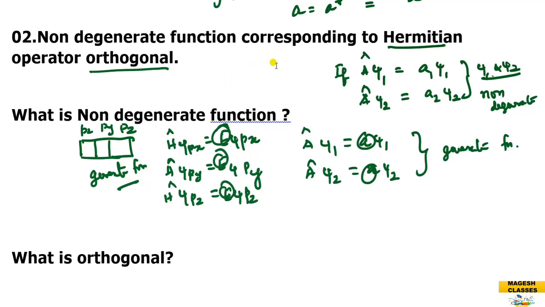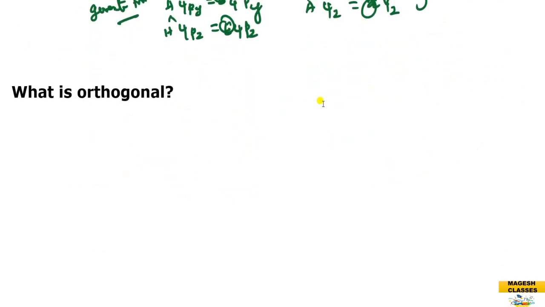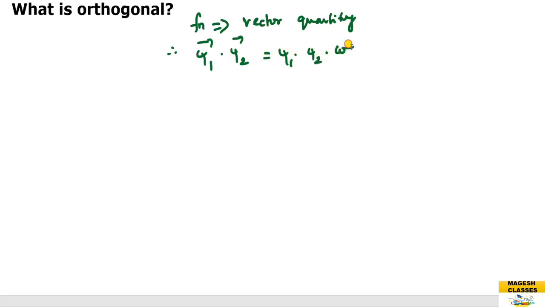So, non-degenerate functions corresponding to the Hermitian operator: suppose non-degenerate functions are operated on by the Hermitian operator, you get orthogonal functions. Then what is orthogonal? Functions are like vector quantities, having both magnitude and direction. Therefore the dot product psi1 into psi2 is equal to psi1 into psi2 cos theta.